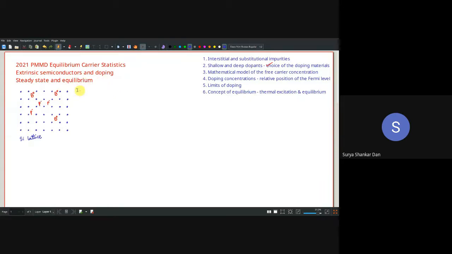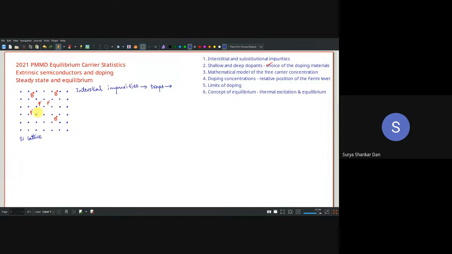So interstitial impurities, that means impurities which are in the interstitial sites, they will lead to becoming traps, and what are they going to cause?